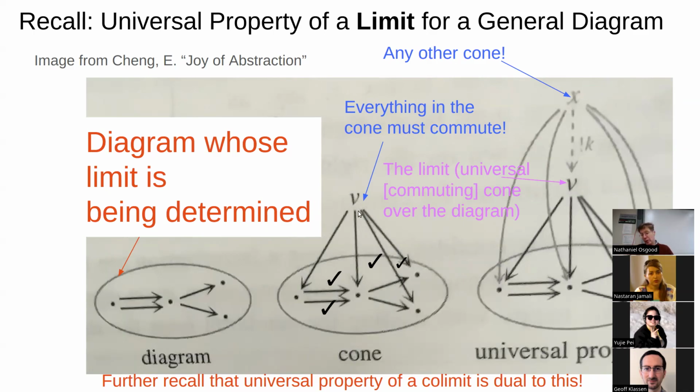And then we are seeking a single object, which may not itself be in this diagram, maybe outside, that has a morphism down to each and every one of these objects, such that all of these triangles commute. Everything in this cone has to commute.